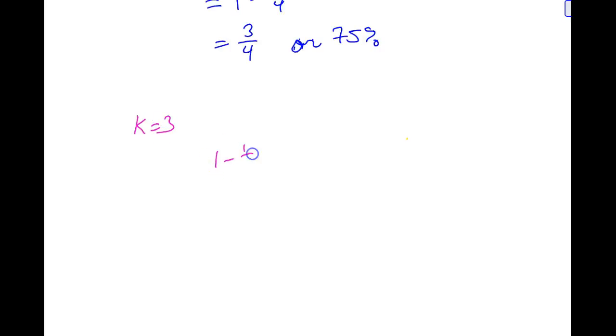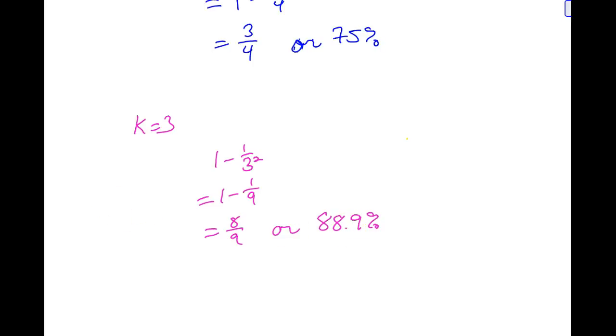We take 1 minus 1 over 3 squared. That's 1 minus 1/9, which leaves us with 8/9, or 88.9% of our data. So at least 88.9% of the data will be within 3 standard deviations.